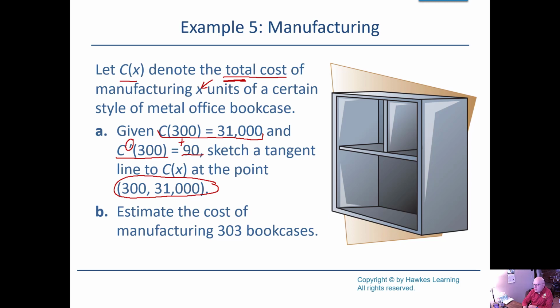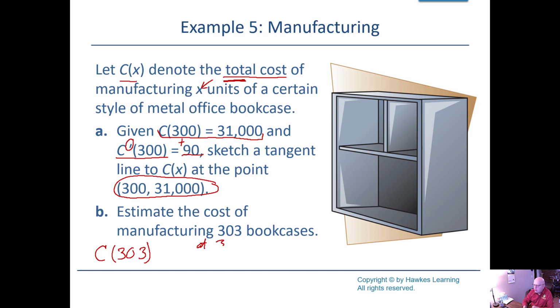Estimate the cost of manufacturing 303 bookcases. Okay, let's go back up here. What we want is an estimate of what this is going to be. What's the cost to make 303 of them? Okay, so what have we got?